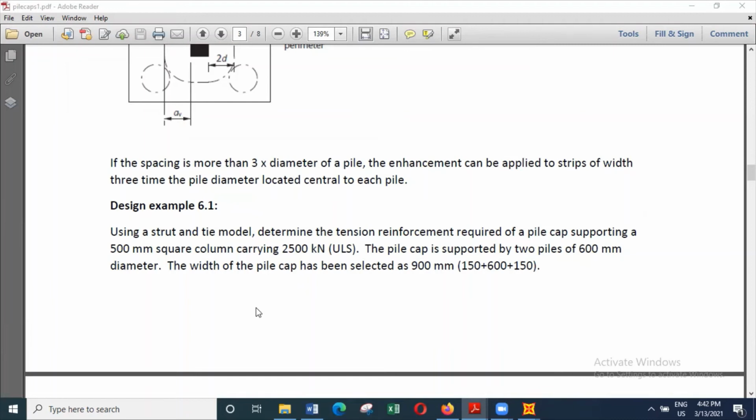For the batch, I will give different soil properties so that you will get different answers, and later we will be able to share the details of different cases, so that we can get an idea of the type of variations that we can get in an inverted T-type foundation.